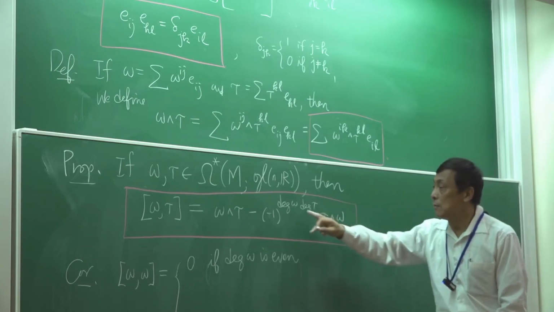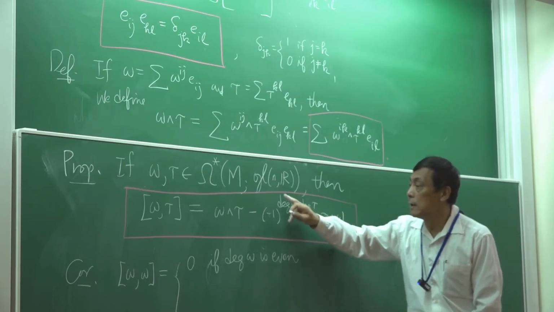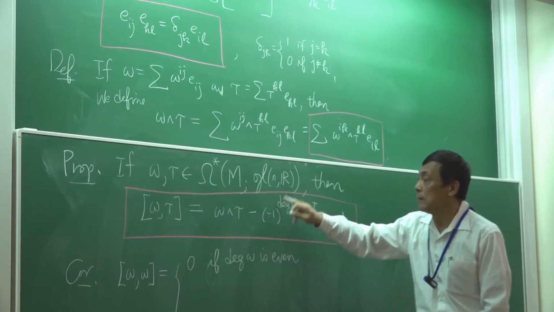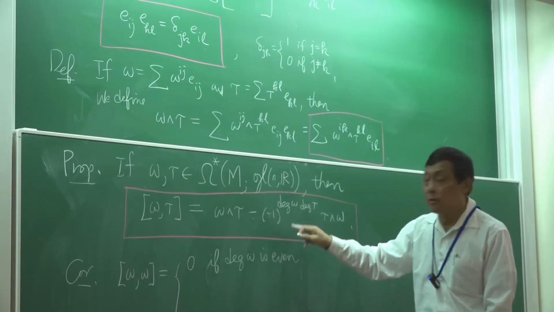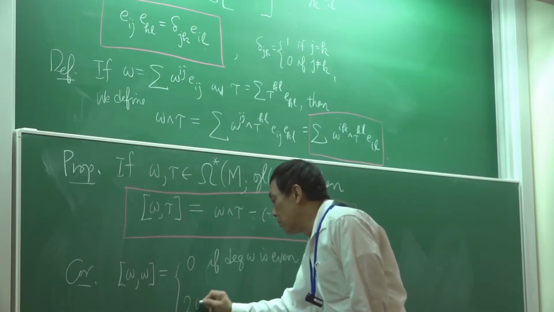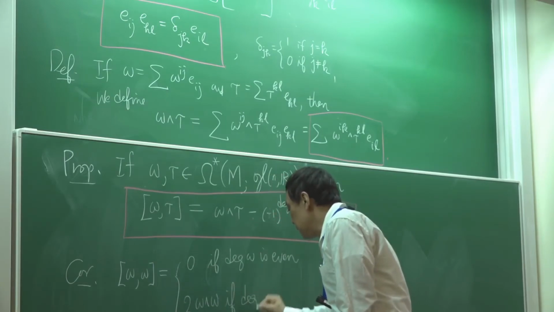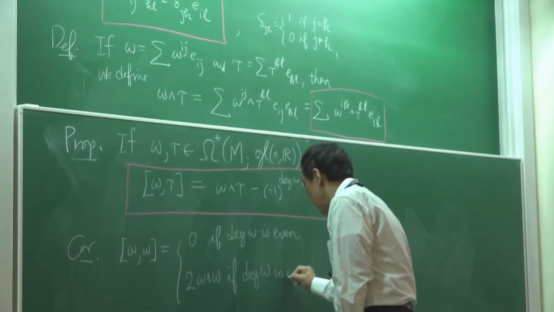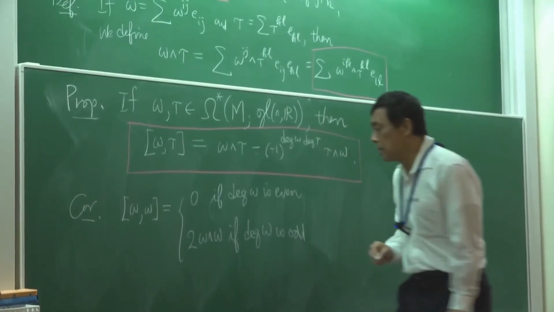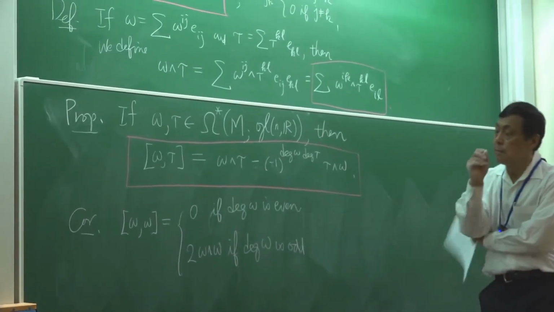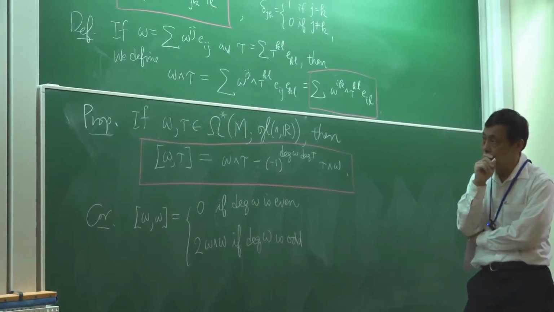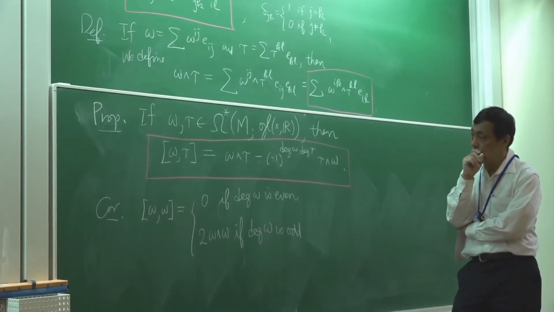But if the degree of omega is odd, this will be a minus 1, so this will be a plus 1, so then you'll get 2 omega wedge omega if the degree of omega is odd. All right, yeah.